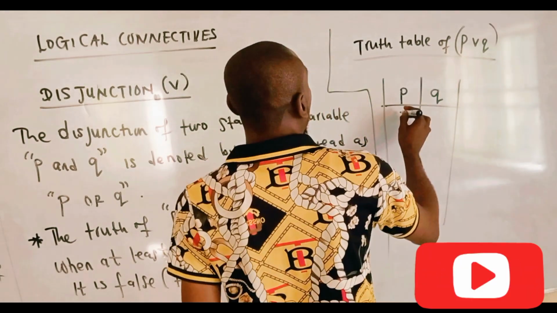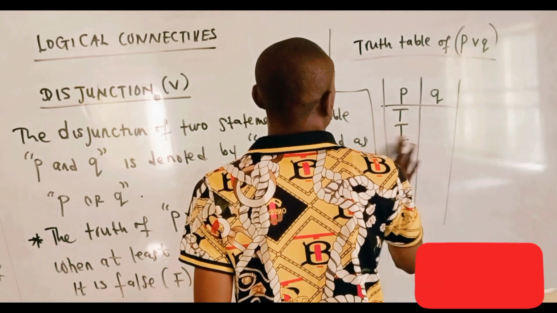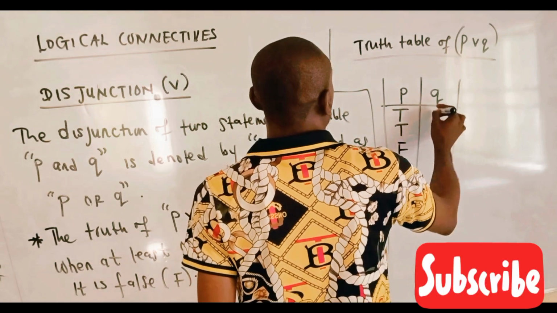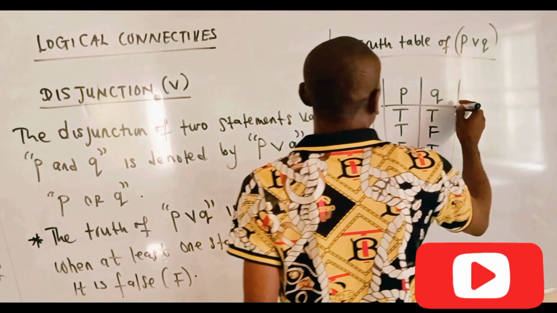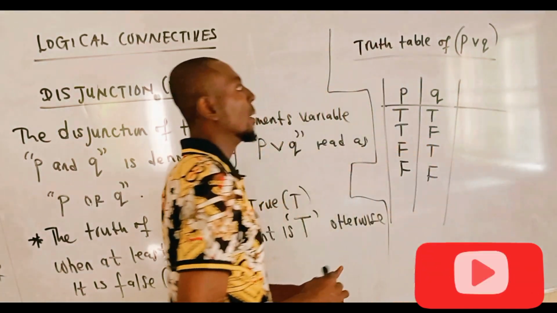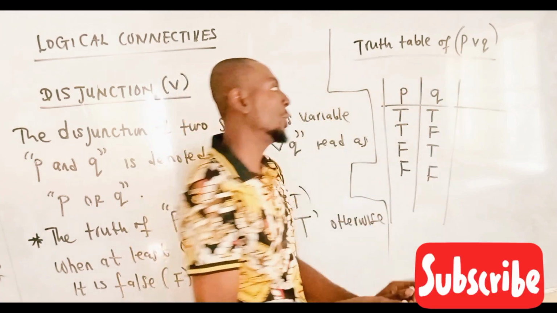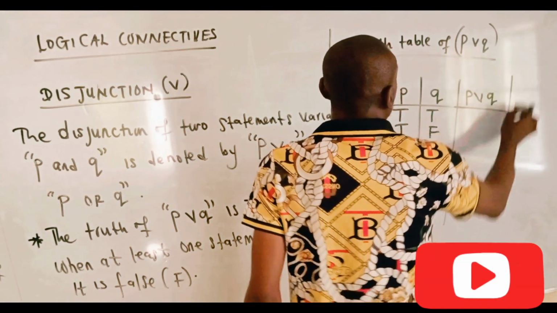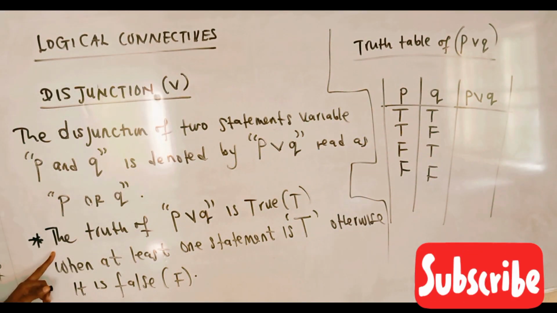We have true 2 times and false 2 times, and then true, false, true and false. Then coming here, we have our compound proposition P or Q. Then where is our key point? Here is our key point.